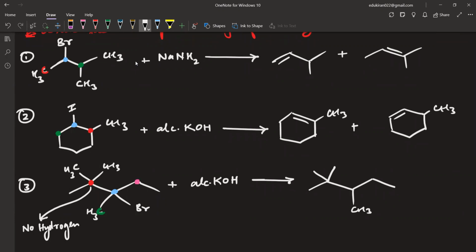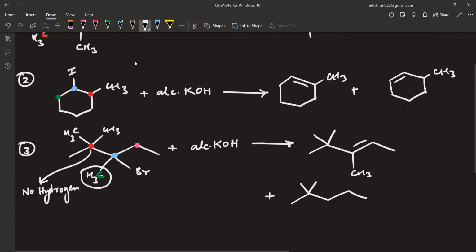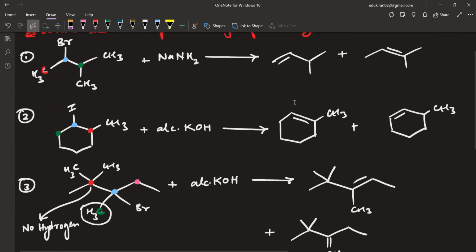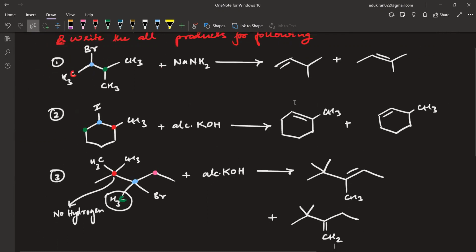And if the hydrogen is not getting abstracted from this side, then I have only 2 choices, the green carbon and the pink carbon. So I can make one like this, and the other I can make is CH2 like this. I hope now you can identify which is going to be the major.